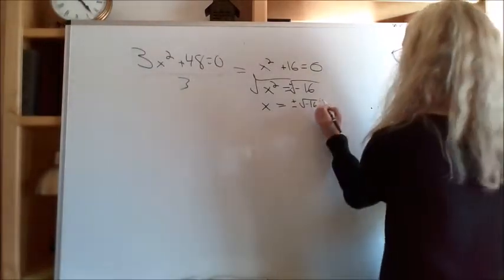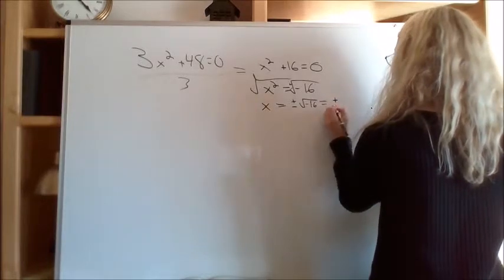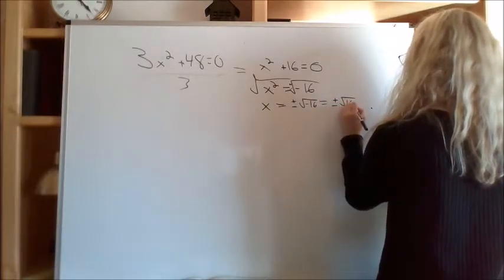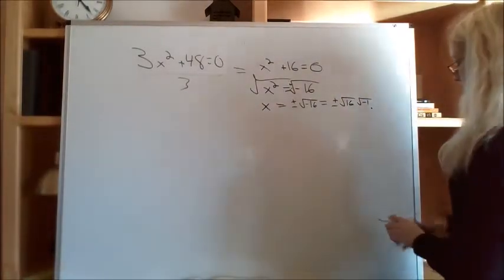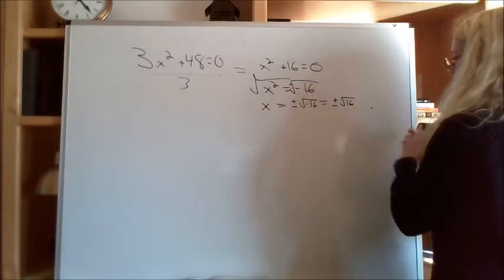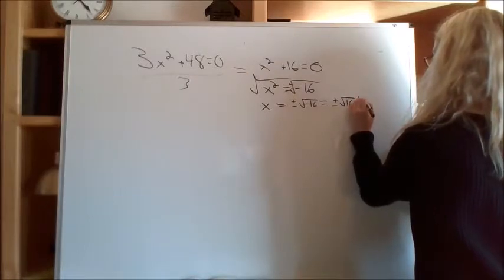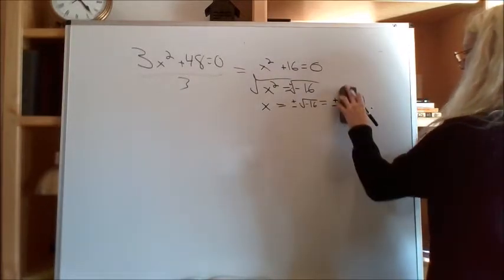So we can break this radical into square root of 16 times square root of negative 1, which we know that this is i, and we know that this is 4.